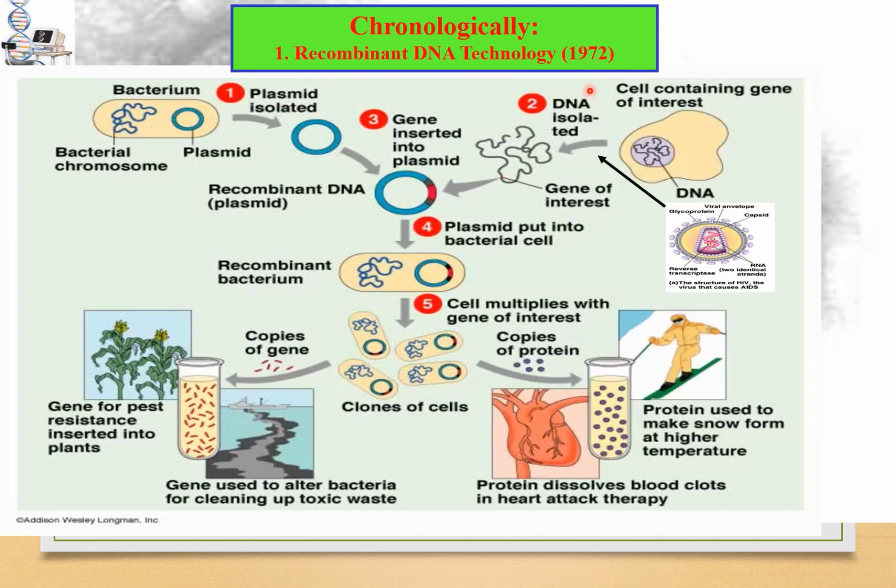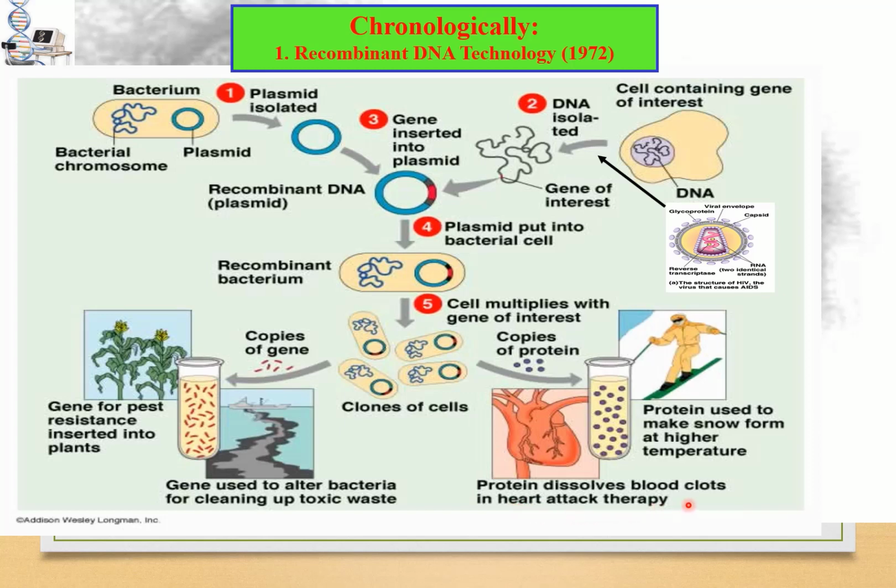Recombinant DNA technology: bacteria and plasmid are isolated and the gene is inserted into the plasmid. After that, the plasmid is put in the bacterial cell. The cell multiplies with the gene of interest, and the protein is produced. Protein used to make snow at a higher temperature.